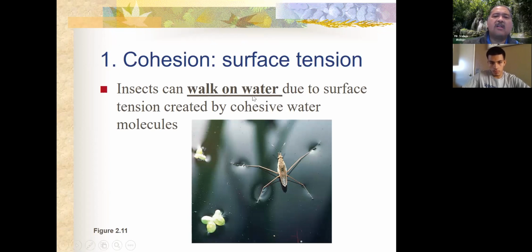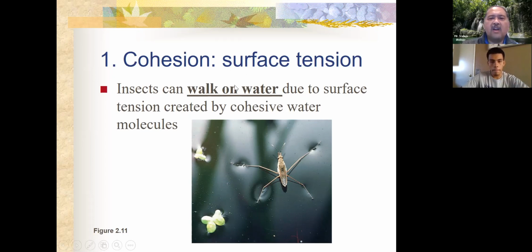Those water molecules are not just sticking together in the covalent bonds of the H's and the O's, but each individual water molecule has an intermolecular attraction to other water molecules. In other words, the whole molecule is slightly interacting with other water molecules. And so that causes a little layer on the top where you have some surface tension.